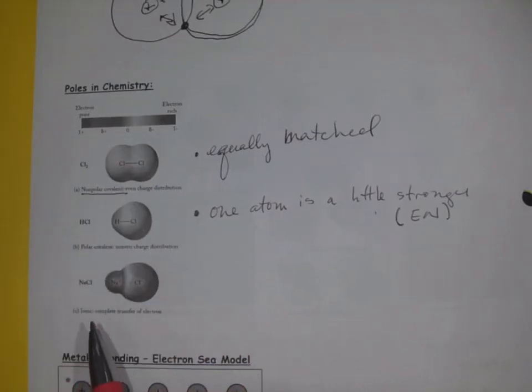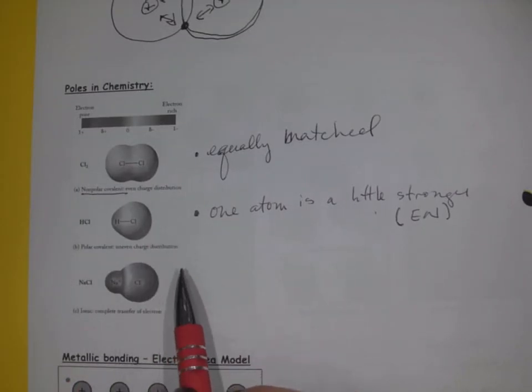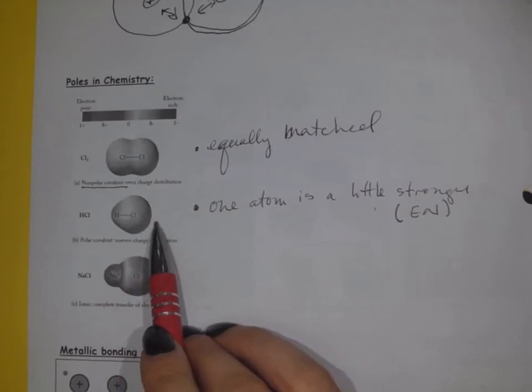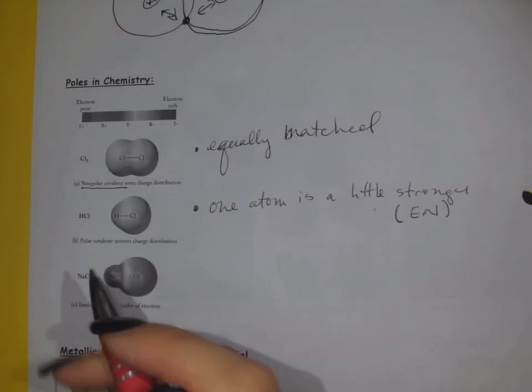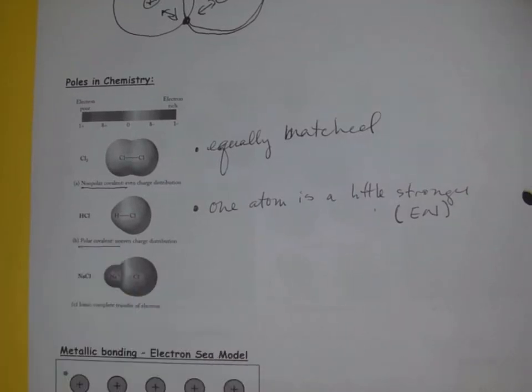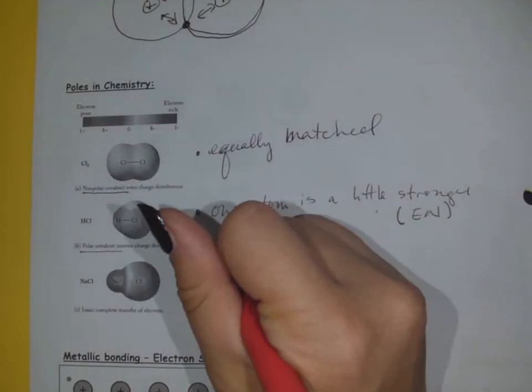And so those electrons that they're both pulling on, they are closer to the chlorine. They spend more time over by the chlorine than they do the hydrogen. This is a polar covalent bond. And in a polar covalent bond, we get something called dipoles.